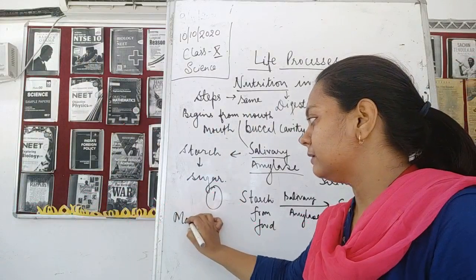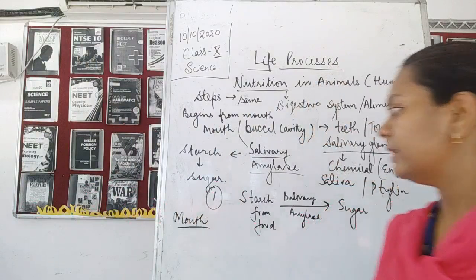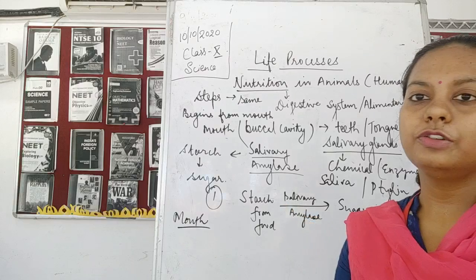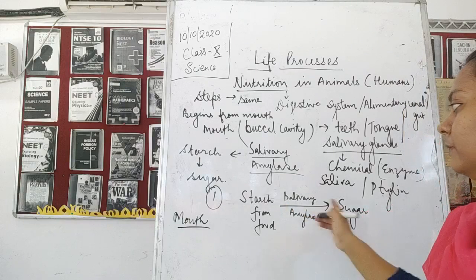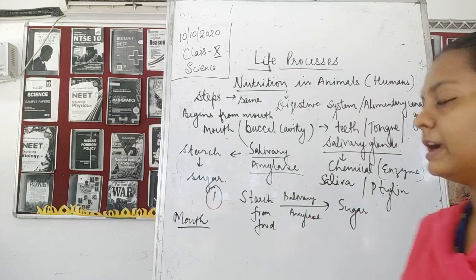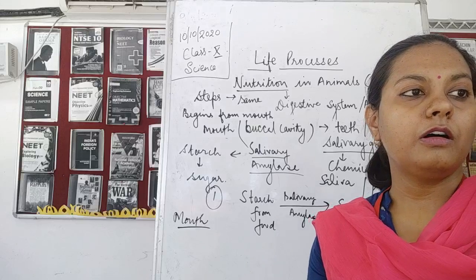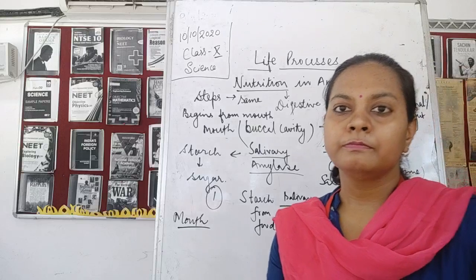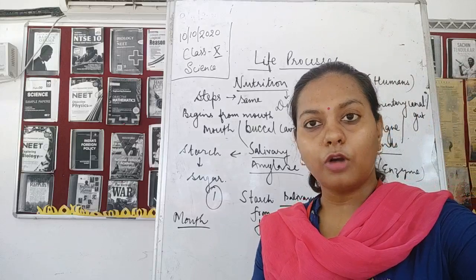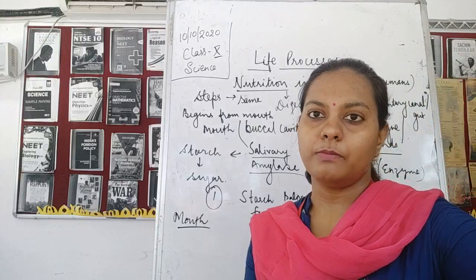The starch from the food, by the action of salivary amylase, forms sugar, and this sugar is a complex sugar.